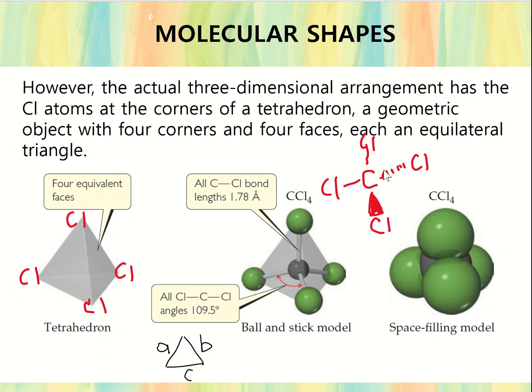And if you are a student of organic chemistry, you may be familiar with drawing it in this way, where you have the straight line suggesting that these two atoms are in the same plane, and the hash basically says that this chlorine is behind the plane, and that this wedge is coming towards you, it's coming out of the screen, right?